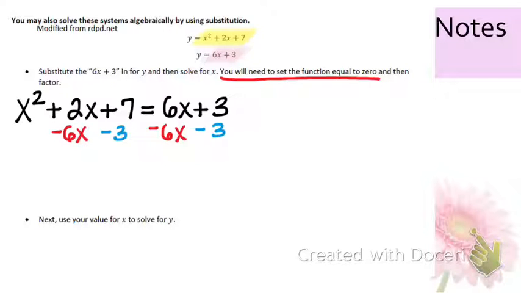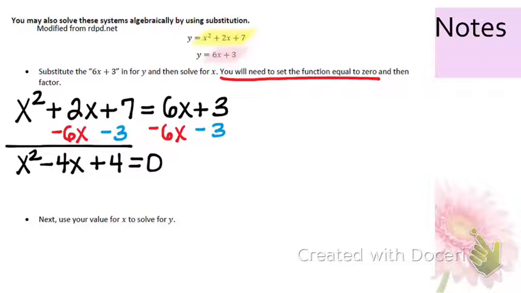See what you get when you do that. So you get x squared, 2x minus 6x, negative 4x, and 7 minus 3, positive 4.